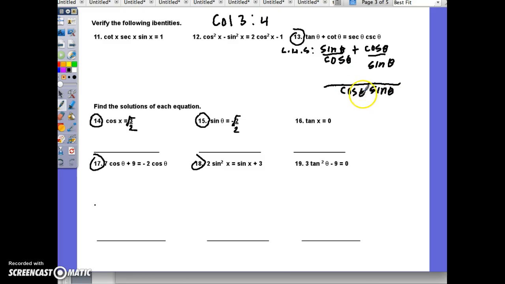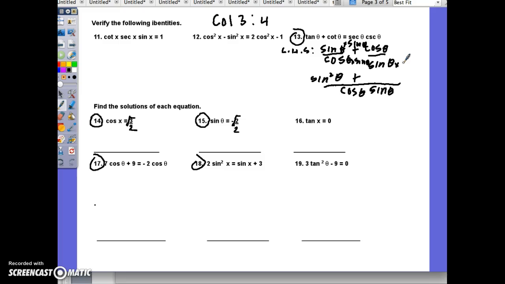And in order to get cosine theta, sine theta, we have to multiply this by the sine of theta, in which case we multiply upstairs here by sine theta as well. Sine theta times sine theta will give us sine squared theta, plus to get cosine theta, sine theta, we'd have to multiply this denominator by what?